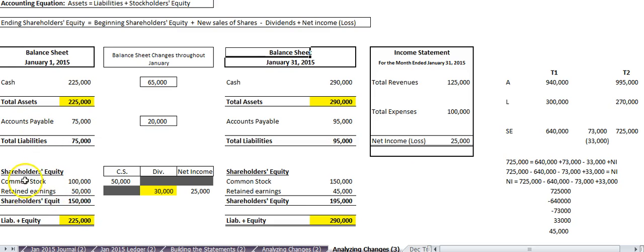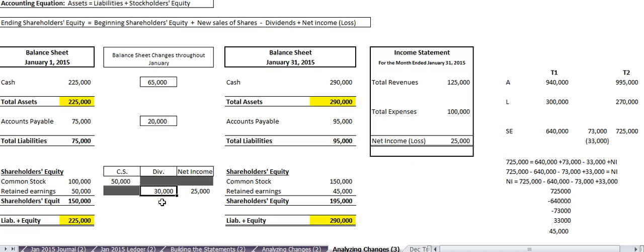And we have common shareholders' equity, which I divide into common stock and retained earnings, and we have the different types of items that affect it, which is new shares issued. That's 50,000. That'll bring 50,000 of common stock in, and of course you're going to bring cash in. Dividends here is 30,000.